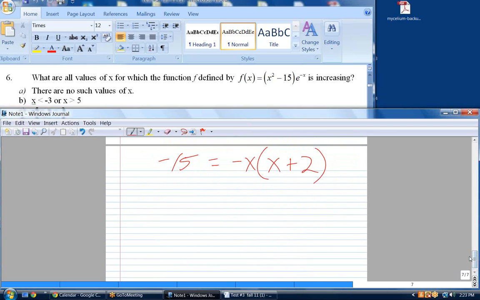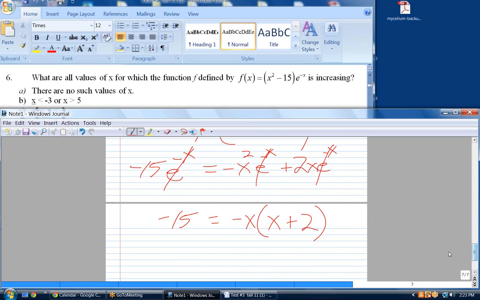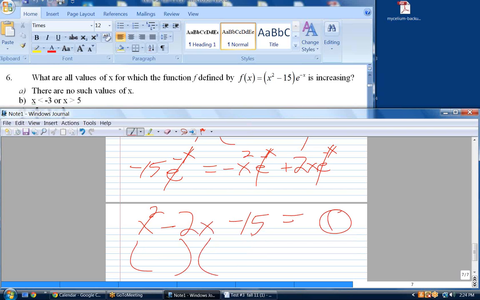And that is a quadratic, so you should have noticed that. So let's redo this. Let's put everything on the same side. So I've got x squared minus 2x minus 15 equals 0. How does that factor? x minus 5, x plus 3. So my two solutions are x equals 5, x equals minus 3.